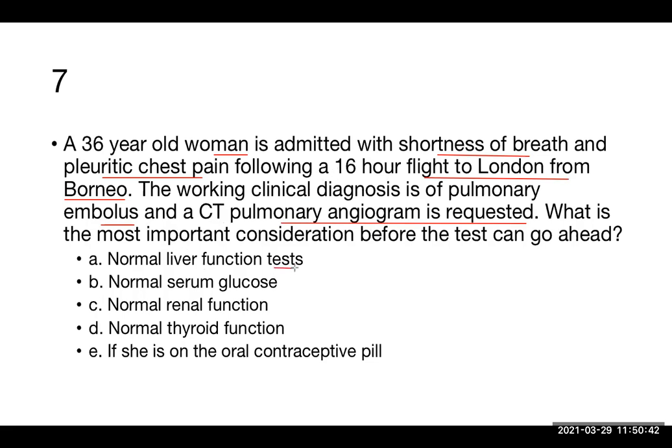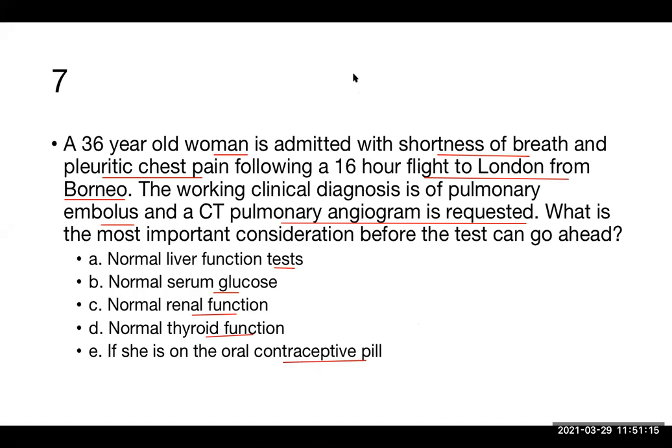Normal liver function test, normal serum glucose, normal renal function, normal thyroid function, or if she is on the oral contraceptive pill. Anyone? Normal RFT. Okay. Why, Aman? Any reason? The dye which is given for a CT pulmonary angiogram can be toxic for the kidney, so we should do RFT.